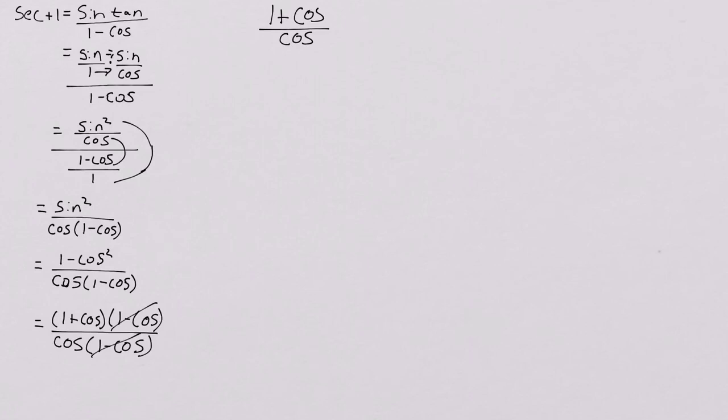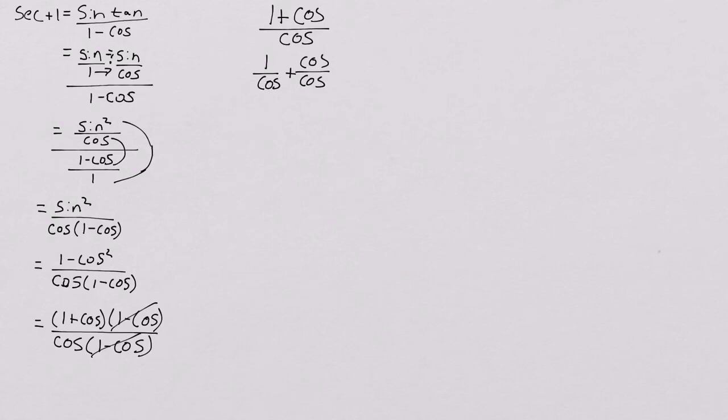I'm going to write it as 1 over cosine plus cosine over cosine. I'm going to break each item on top with the same denominator on the bottom. Well, our denominator is just cosine. So I can rewrite this as 1 plus cosine over cosine, and it works out for you.